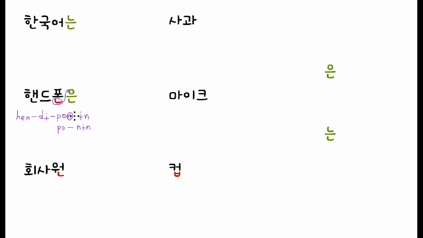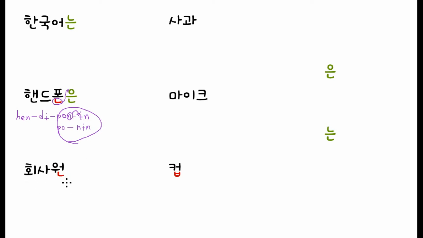This one moves to here. Okay? So 핸드폰은. Because of this reason, they make these two characters. If they put this one right behind the word 핸드폰, you can't pronounce it smoothly. That's why.